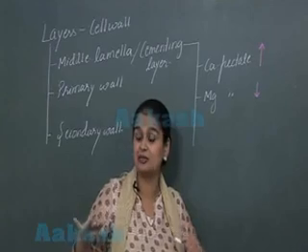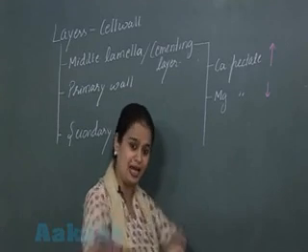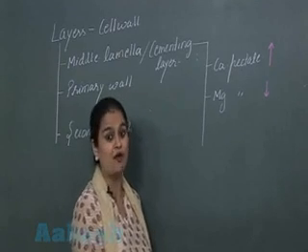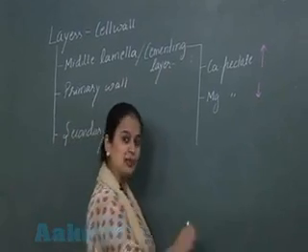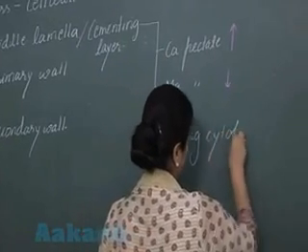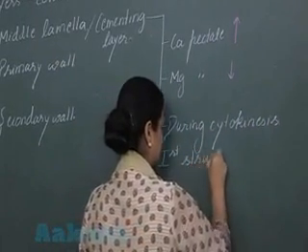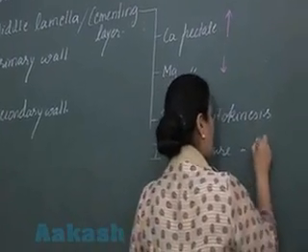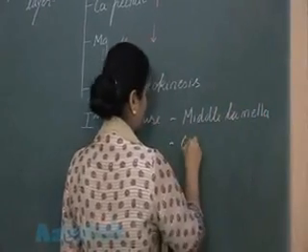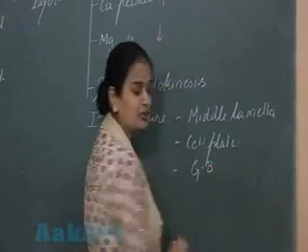Cytokinesis means division of the cytoplasm. When the cytoplasm divides, two daughter cells are formed, so the first structure of the cell wall that forms during cytokinesis is the middle lamella. So please write this information. And this middle lamella is formed by the cell plate, and this cell plate in turn is formed by the GBs.